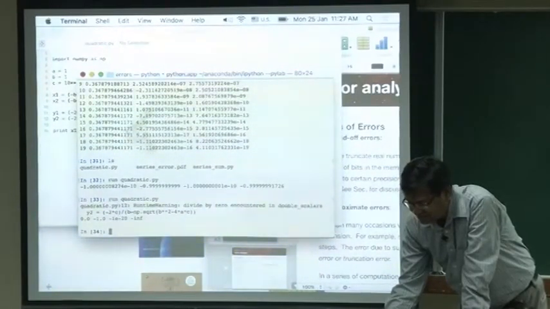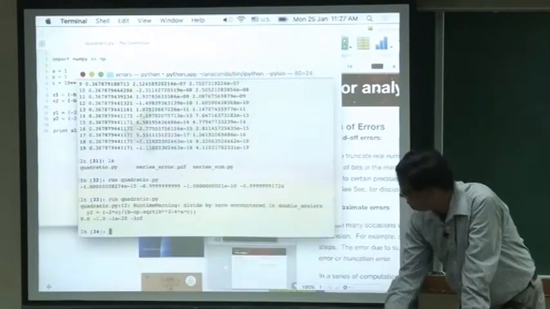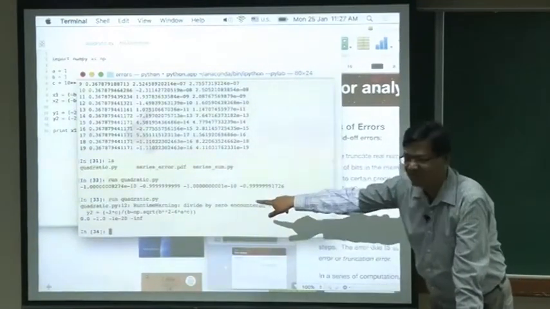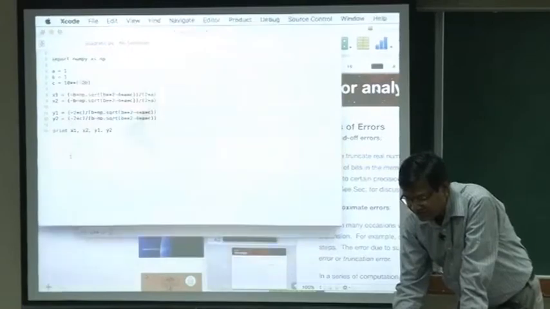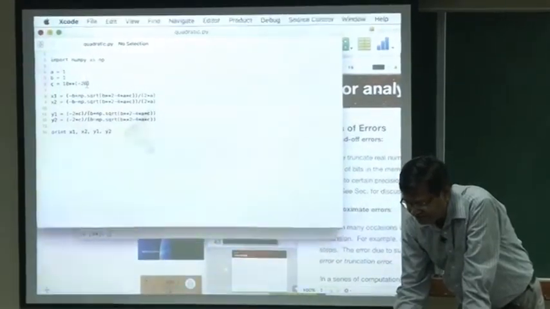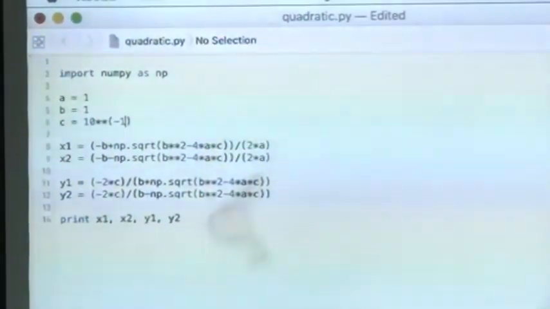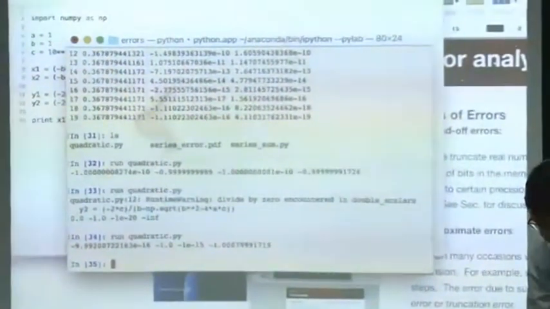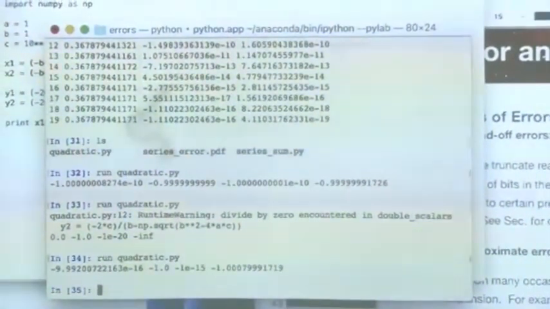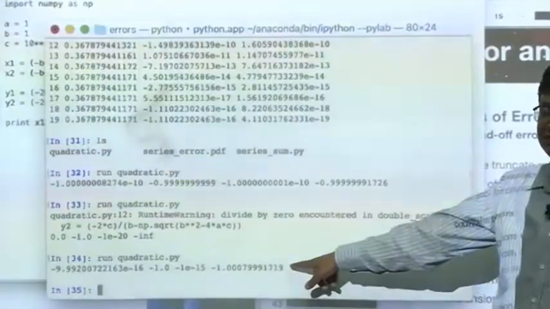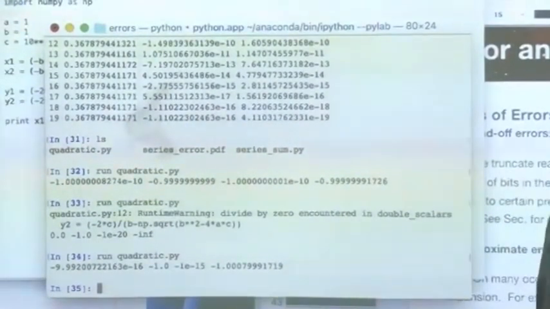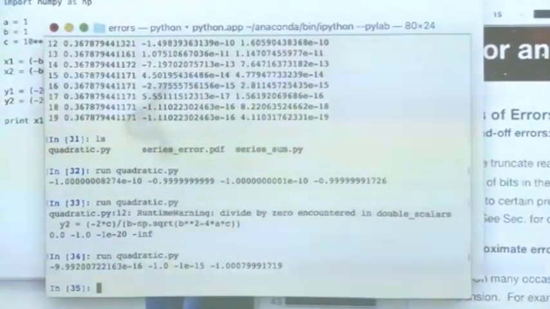Divide by 0, so it is already creating a problem: infinity, divide by 0. Minus 20 does not like it, so let us make it minus 15 or something. Now you can see that the error is quite large. So this is an illustration of error occurring due to subtraction.